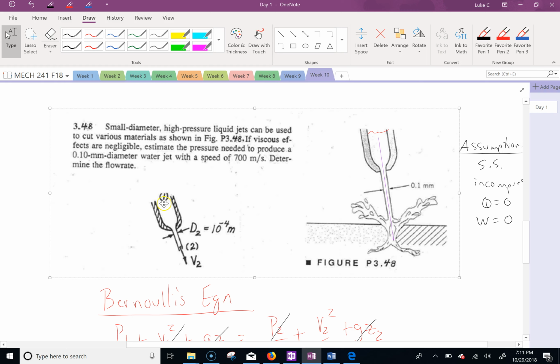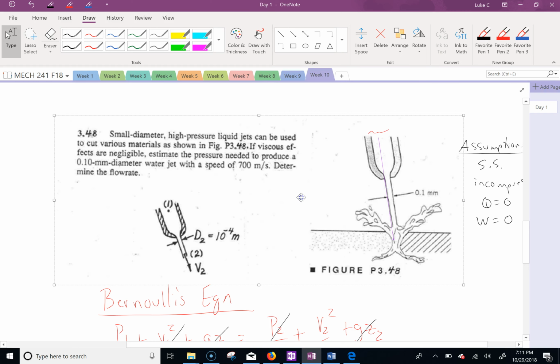If we pick our point 1 to be right here, at the liquid-air interface, and point 2 being right outside the nozzle, energy is conserved between those two points, because it's following one direct path, that purple path.